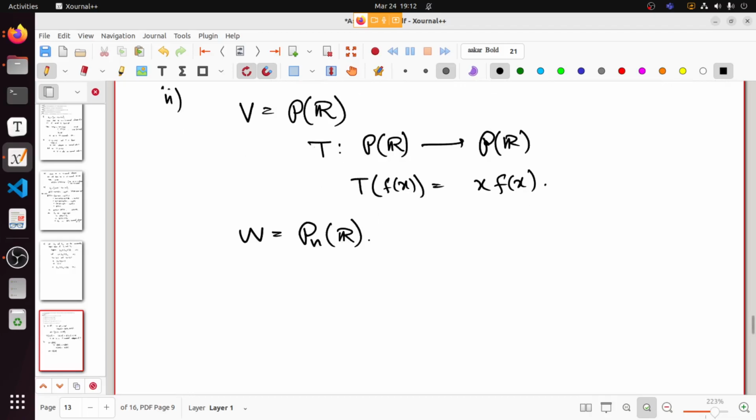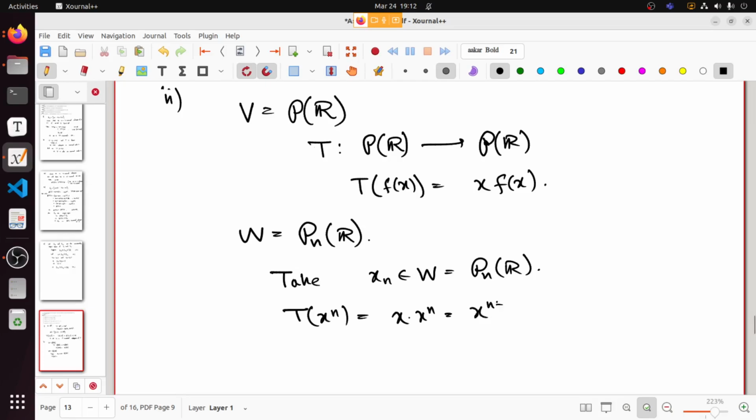So let's take simply x to the power n and apply T. Take x to the power n, which is in W, Pn of R, polynomials of degree n. Then if we apply T to x to the power n, it will simply be x times x to the power n, which is x to the power n plus 1, which belongs to P of n plus 1.